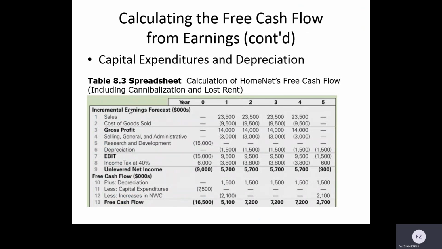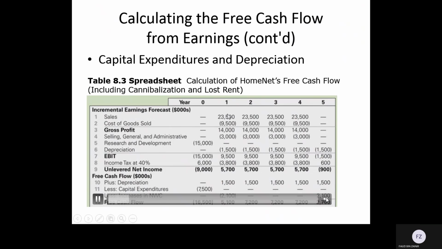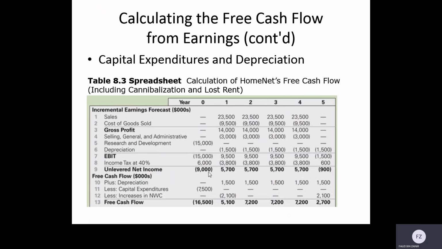Let us refer back to example 8.2, in which we extracted the figure on the cannibalization. The unlevered net income in year 0 is minus 9,000, and then it goes to 5,700, 5,700, 5,700.